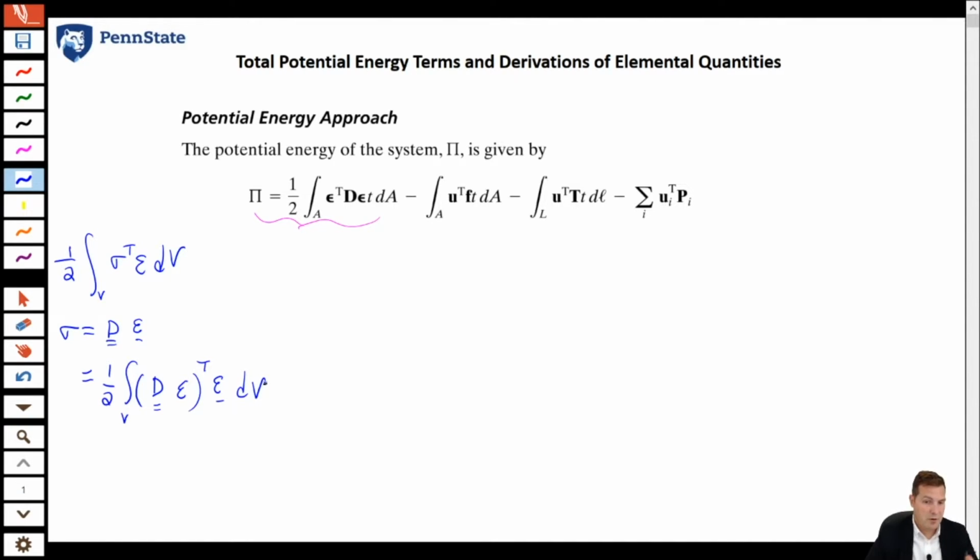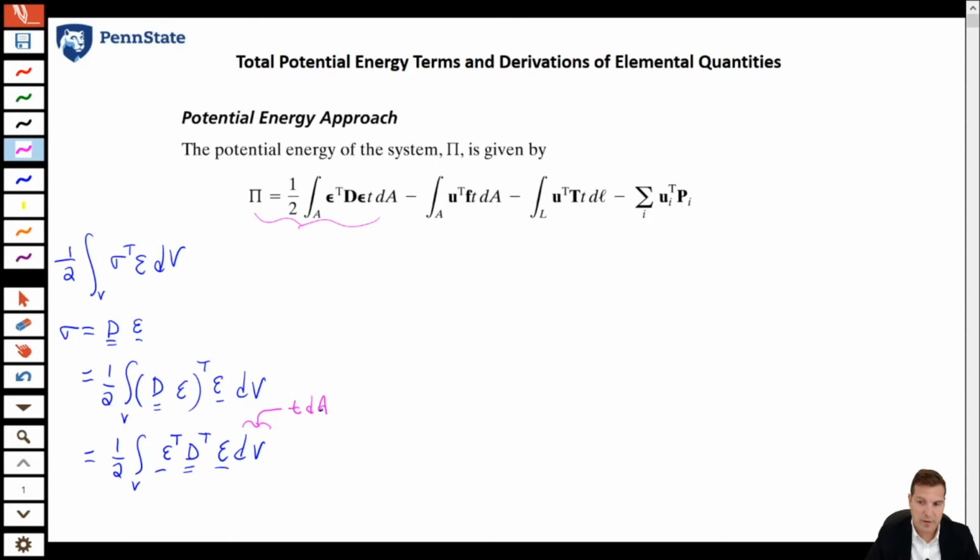Now, if you remember, what do we do here with that transpose? We flip and we distribute, right? So this is going to be equal to 1/2 integral over the volume epsilon transpose D transpose epsilon dV. D is symmetric, so D transpose is equal to D, and the volume term, dV, is going to be equal to T times dA, a thickness times the area.